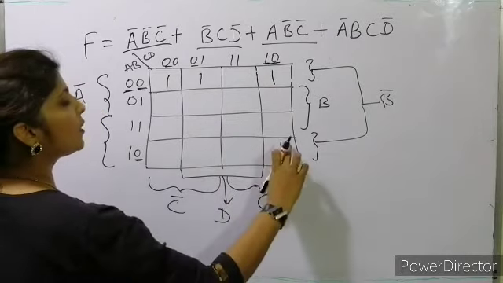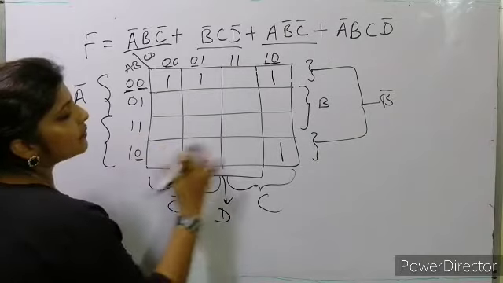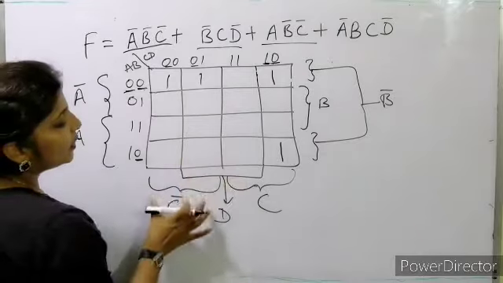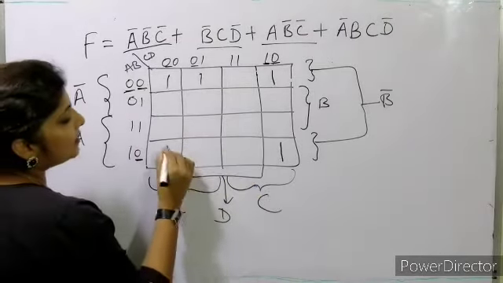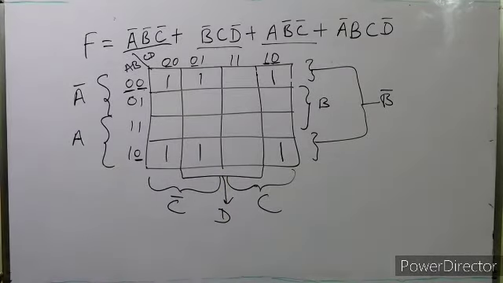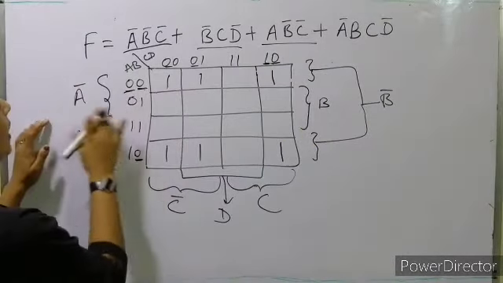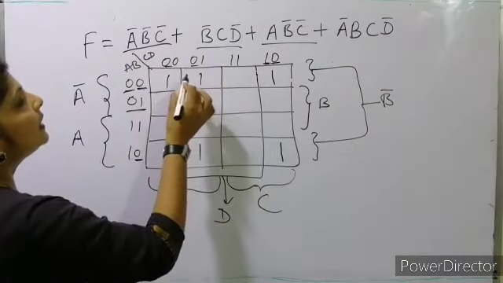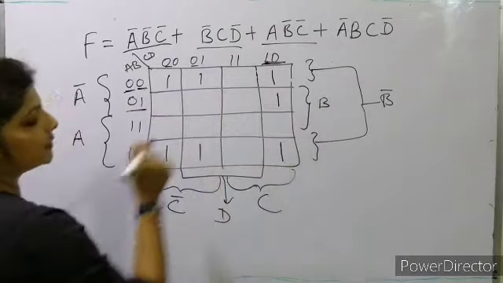So only this one is the row in which a and b bar both are there. In this row a b bar, and now for c we'll see c bar, so these two are c bar, so a b bar and c bar, this one, these two. Now the next one, a bar b, this one, and c d bar, so this one. So a bar b c d, this one.